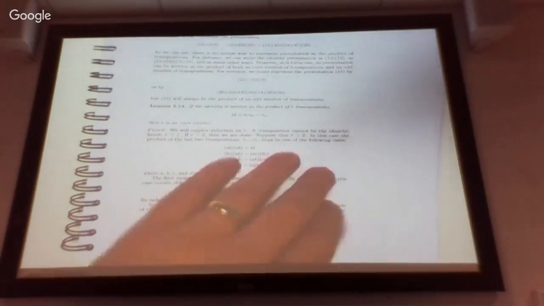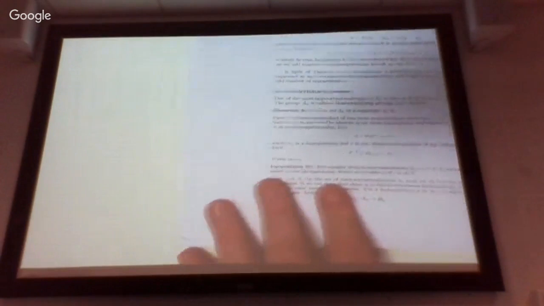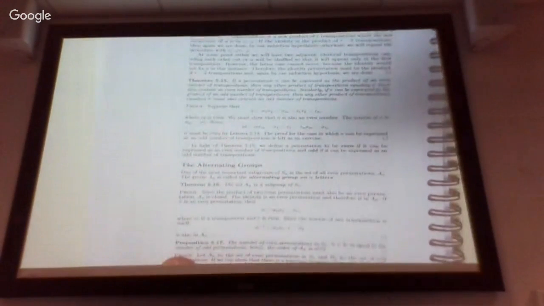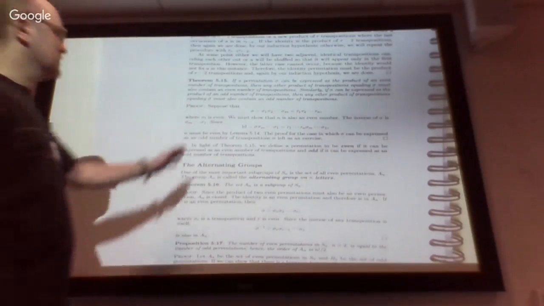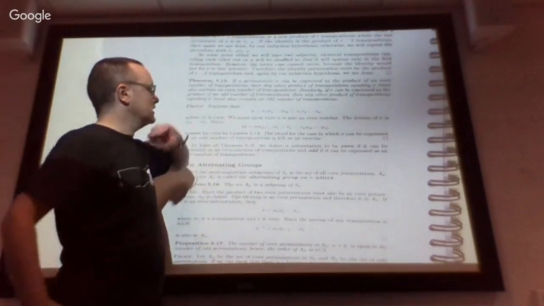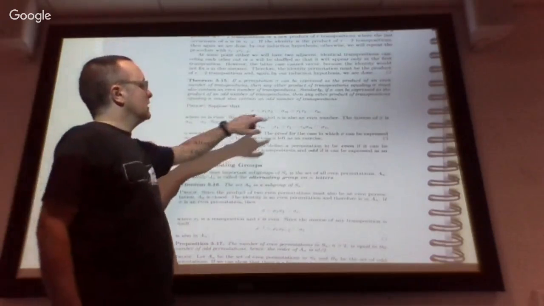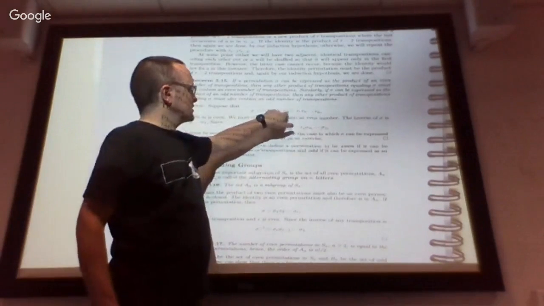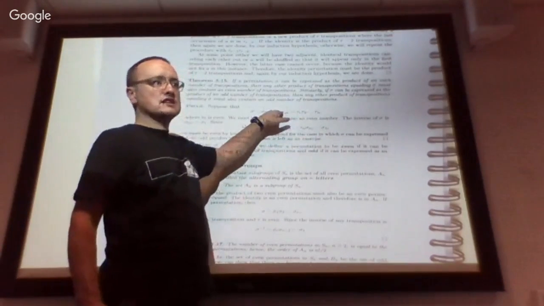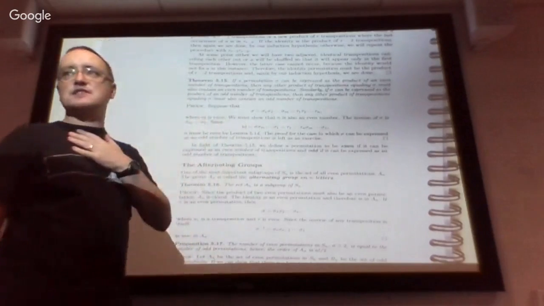And then once you have that lemma, you can fairly easily get the fact that any permutation, this is theorem 5.15 here, any permutation sigma, although it might be represented as a product of a different number of transpositions, they do have to have the same parity.